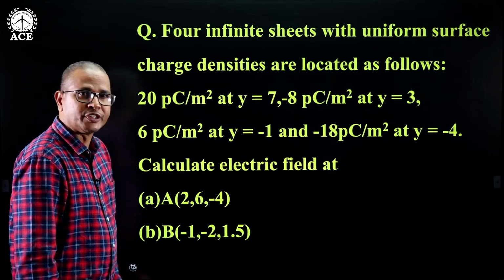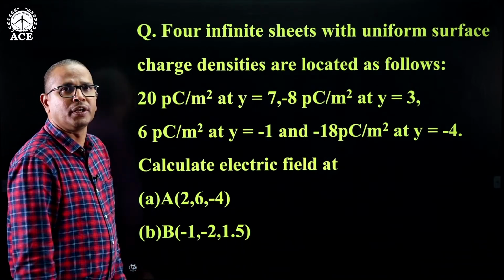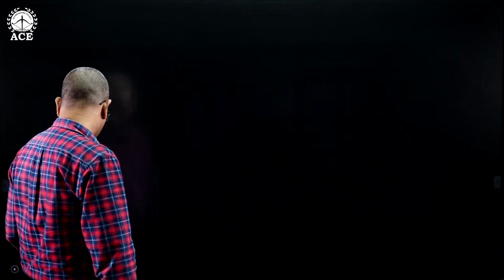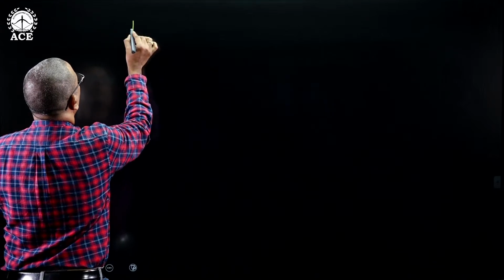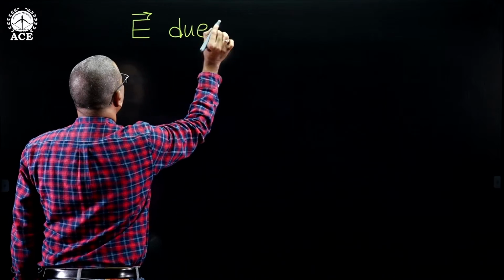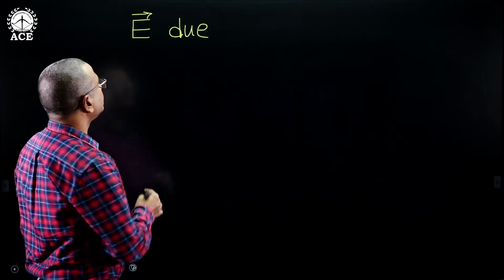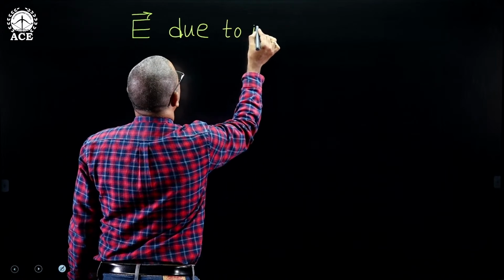It is on sheet charge distribution. You might have heard of electric field due to an infinite sheet. I am just giving you the formula here. E bar due to an infinite sheet. This also you can calculate using an application of Gauss Law.